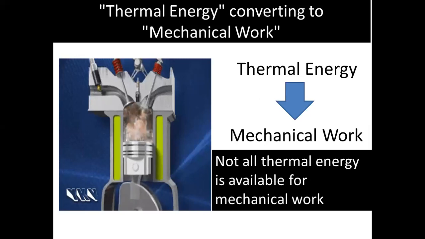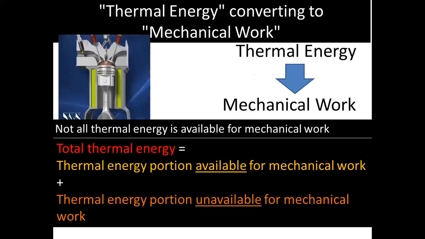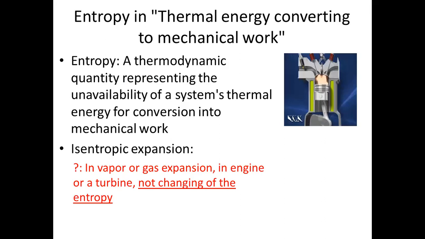Because not all thermal energy is available for mechanical work. So portion is available, portion is unavailable. Our concern is with the unavailable energy. That should be minimum. And we should not let this unavailable energy portion increase during the process, means we should minimize this entropy rise. Unless we make it 0, that is isentropic. If not, we have to minimize this rise. Means keep the isentropic efficiency to the maximum possible.